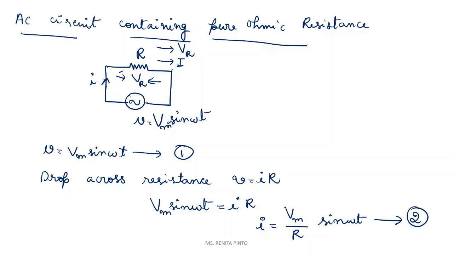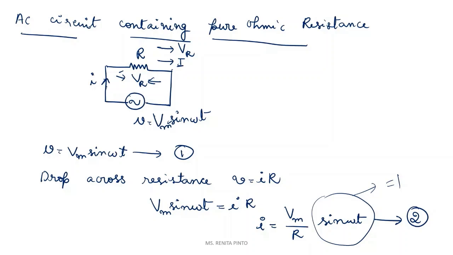Now from this equation you can see that if sine omega t is equal to 1, then the current will be maximum. When is sine omega t equal to 1? That is when sine 90 degrees is equal to 1.